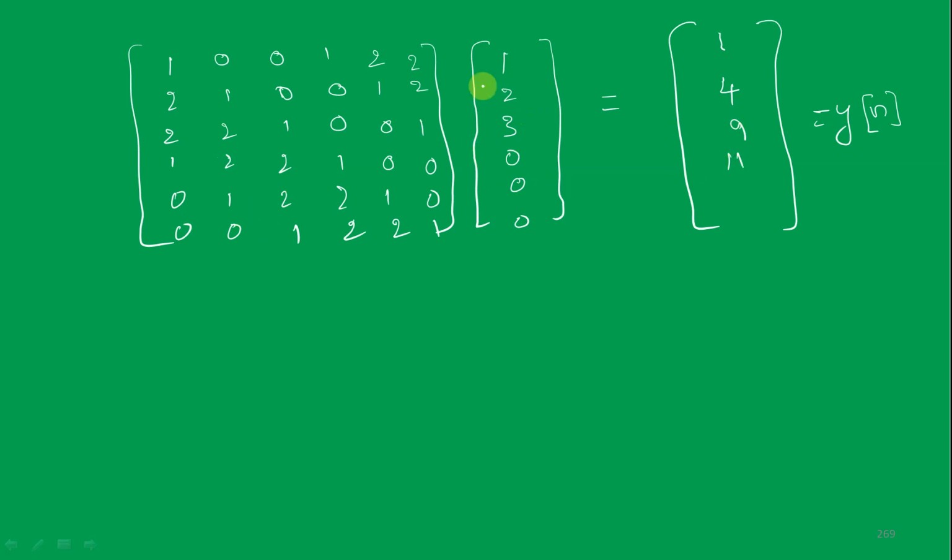Next one, 0, 1 2s are 2, 2 3s are 6, that means 8. Next one, 0 0, 1 3s are 3, remaining zeros, right? So in this way just find out 1, 4, 9, 11, 8, 3.